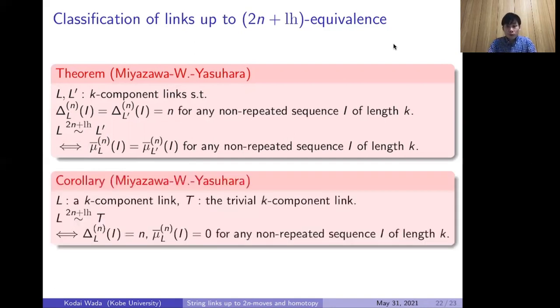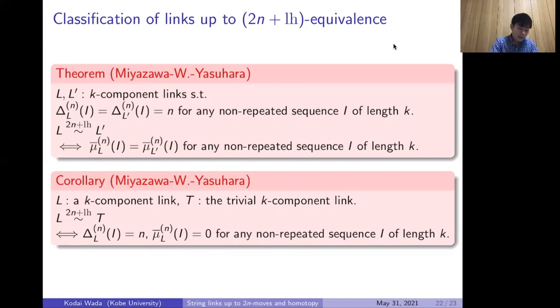As a direct corollary, we have the following. Let L be a k-component link, and let T be the trivial k-component link. L and T are 2n plus LH equivalent if and only if the delta n invariant of L is equal to n, and the mu-bar n invariant of L is equal to 0 for any non-repeated sequence I of length k.